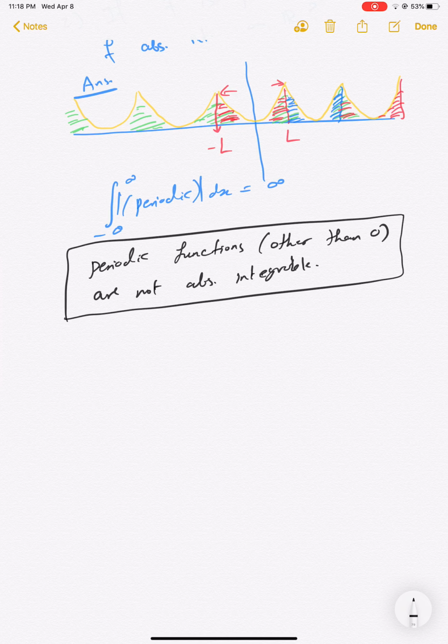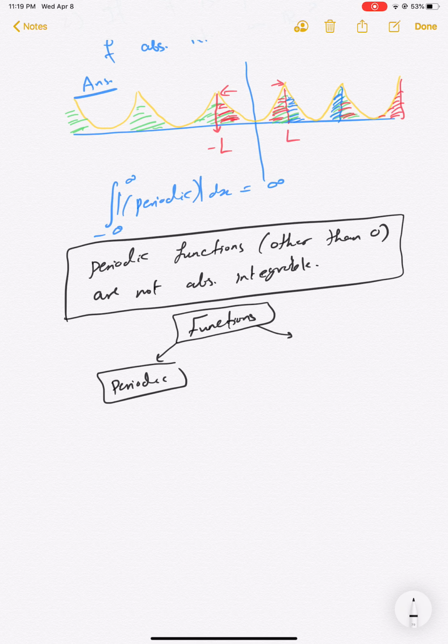So basically, you have functions. Just imagine you have a box containing all functions. Some of those functions are periodic. Some of them are not.